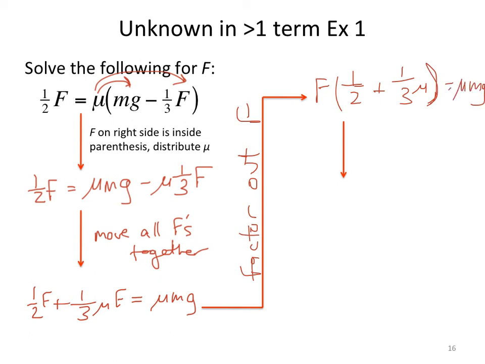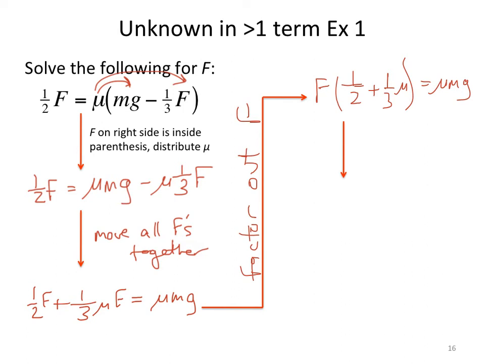That is just ugly. Sorry guys, I didn't plan that out very well. Let me just leave a little more space right here. Let's try it again. So remember the F comes out front, so 1/2 plus 1/3 mu. Remember the F came out front because it was factored out, equals mu mg.